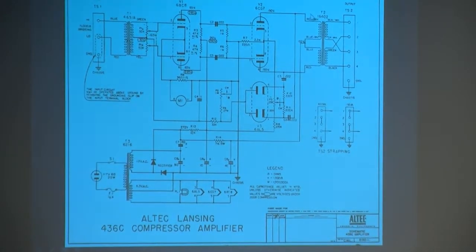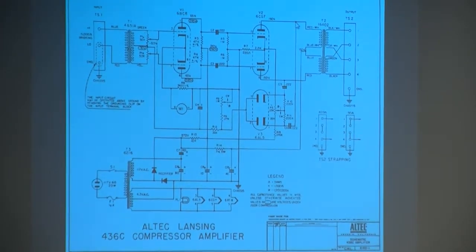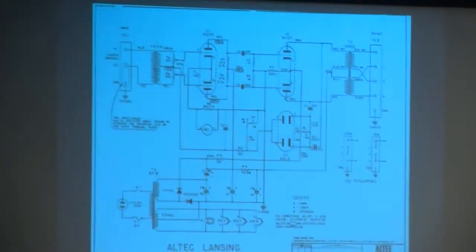We can see that we have tapped the primary of the output transformer, and this is being rectified. So we are taking your AC signal or your music and rectifying it to a DC voltage, and then that is fed all the way back to the grids of the input valve.